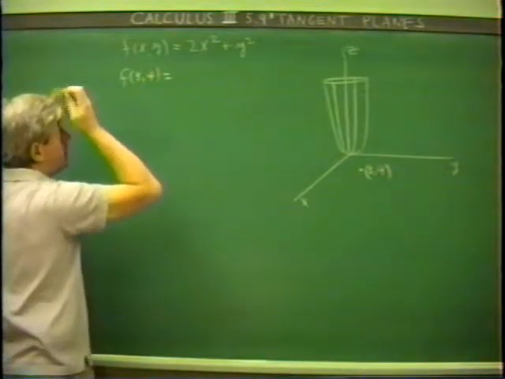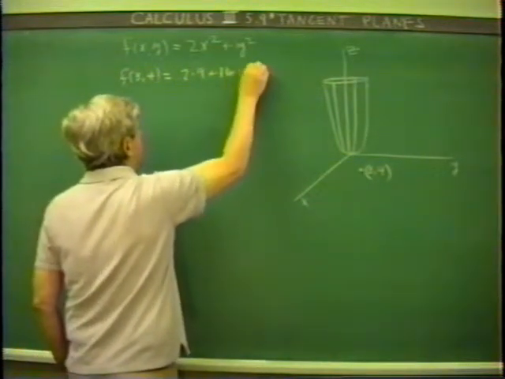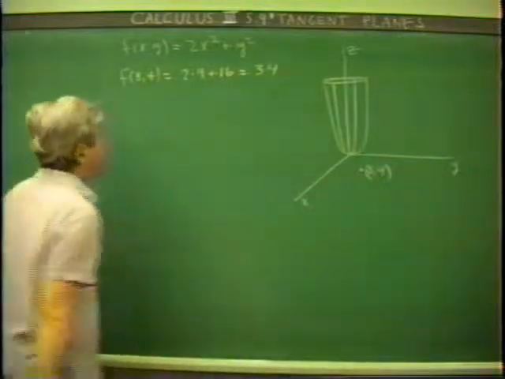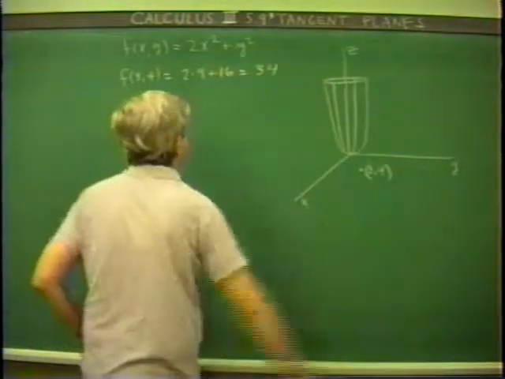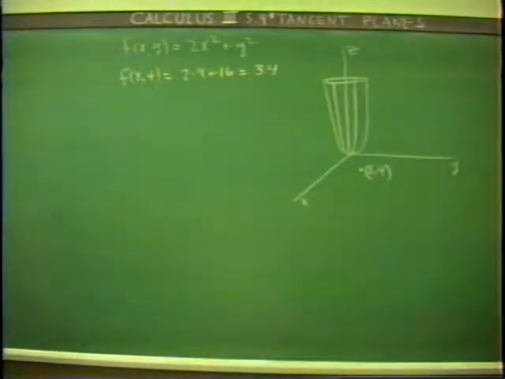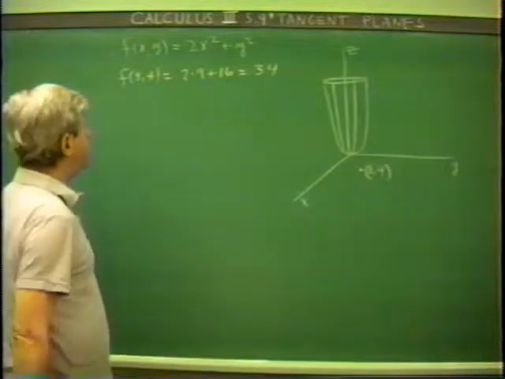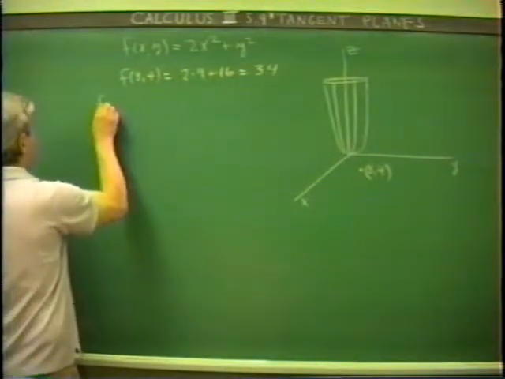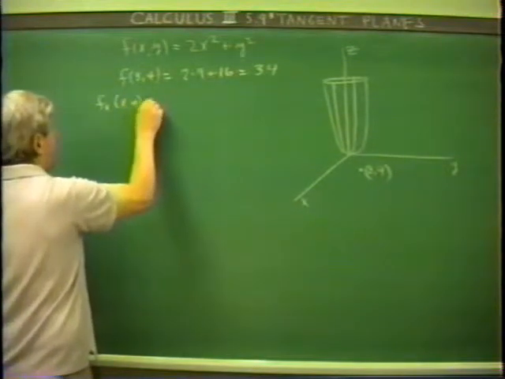Here's f of x and y. F of 3, 4 is 2 times 9 plus 16, or 18 and 16 is 34. So this is up there. And you'd expect the tangent plane to be a little bit on the steep side also.